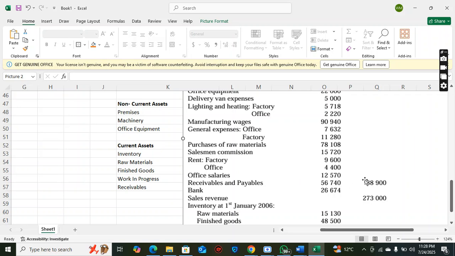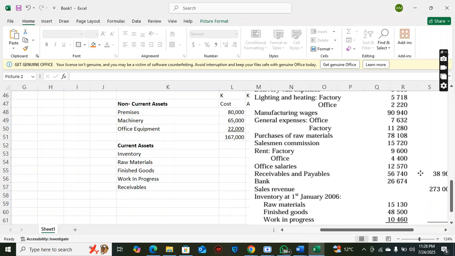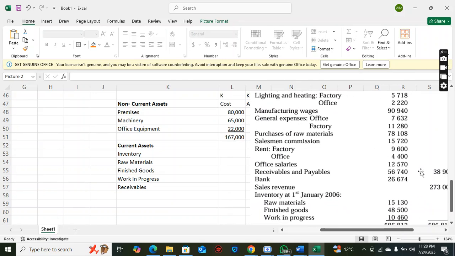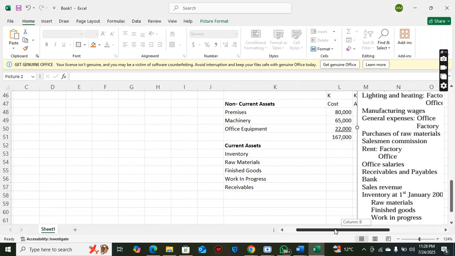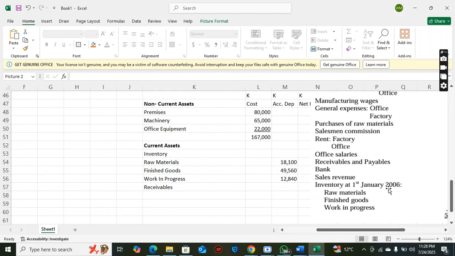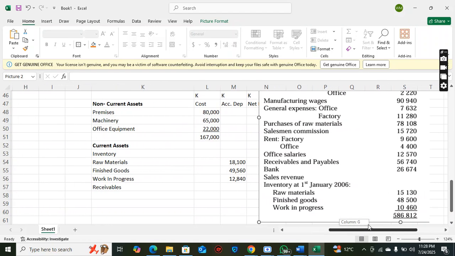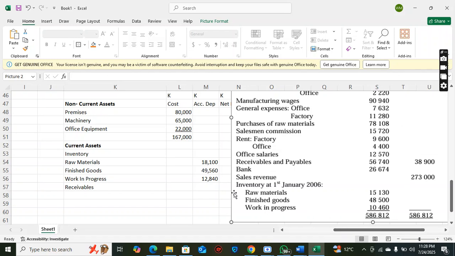The one on the credit is the payables. Are we okay with that? Even if they swapped payables and receivables, you should still know that.